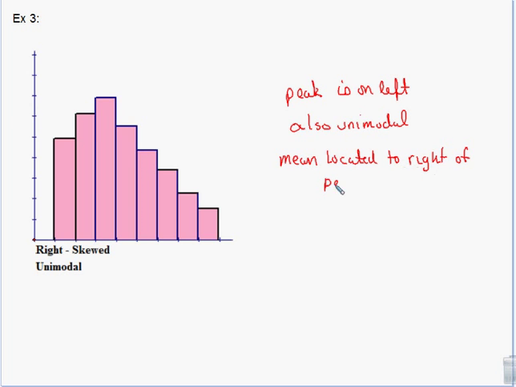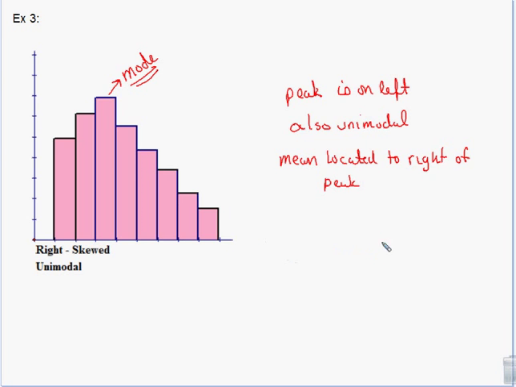Because our mean is our average, and this data over here is going to pull our average away from the tallest peak. So this is still our mode, but our mean is going to be somewhere over here where this data has pulled it off of the central tendency.